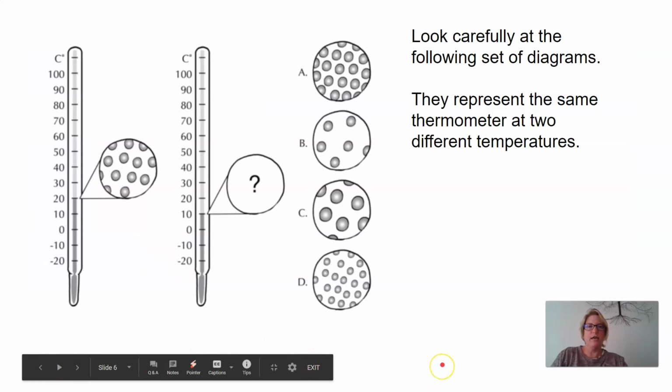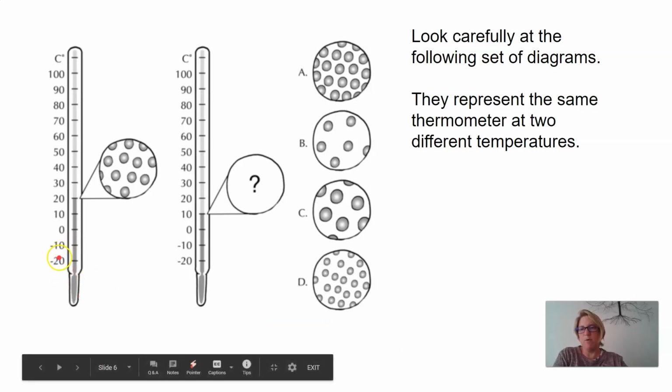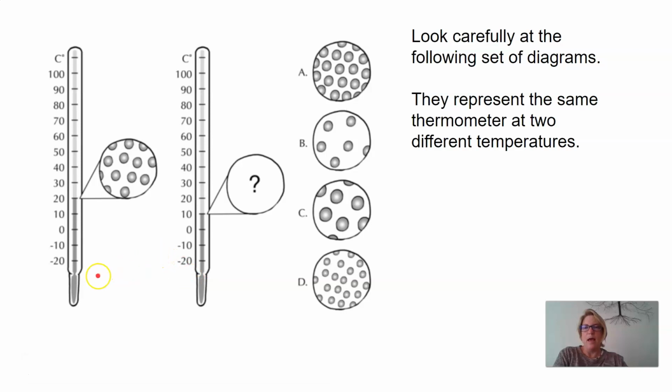I want you to look carefully at the following set of diagrams, and they represent the same thermometer at two different temperatures. Here we have one thermometer and here we have another thermometer, and they have recorded two different temperatures.